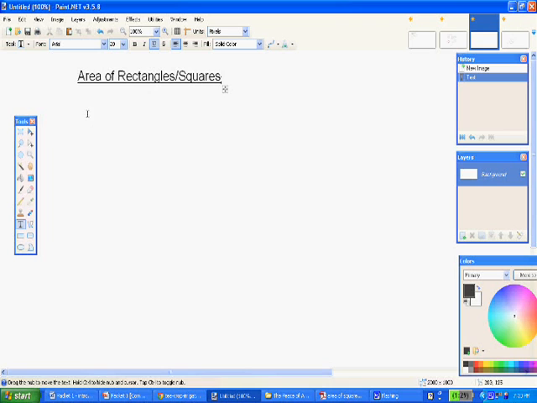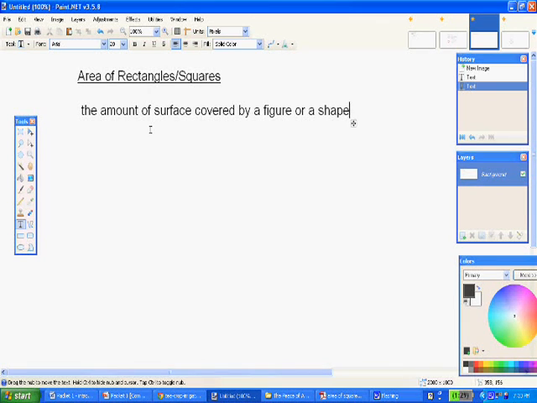So what area is, is the amount of surface covered by a figure or a shape. The way that you find area is by this simple formula. You do base of a figure times the height of the figure.